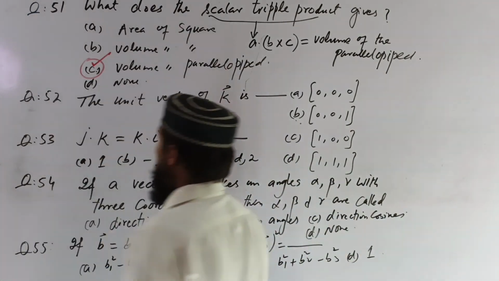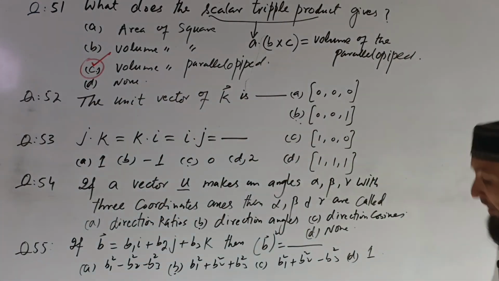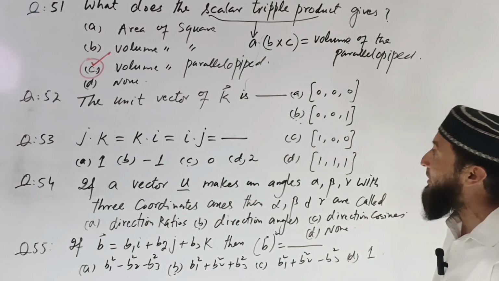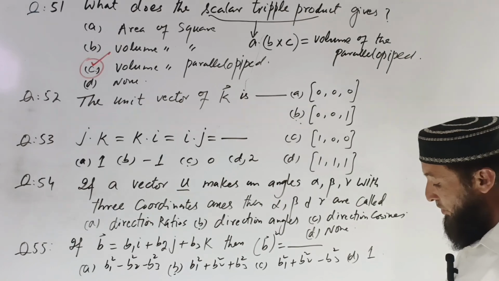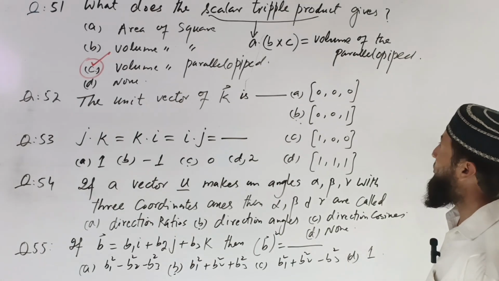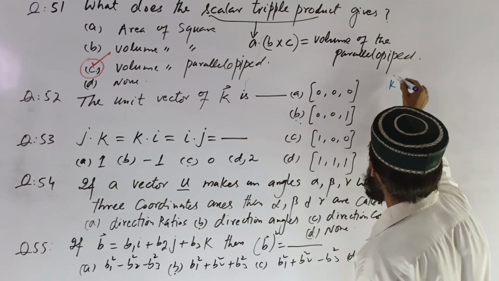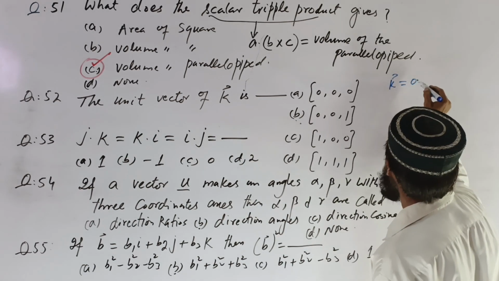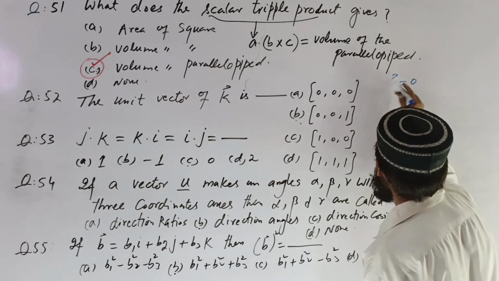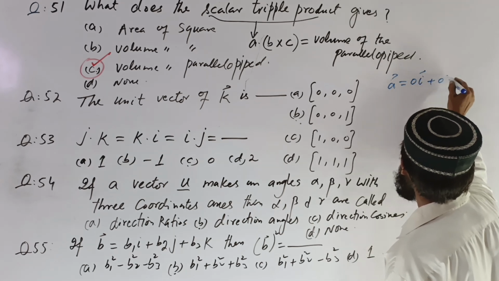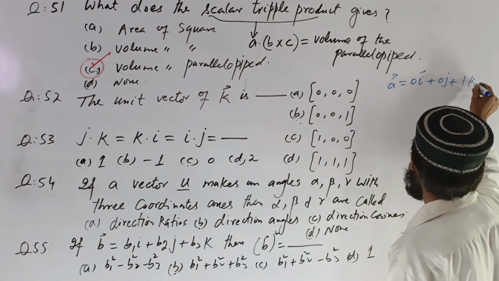Now question number 52: the unit vector of k is represented by, how do we write the unit vector of k? Unit vector k is represented as 0i plus 0j plus 1k.